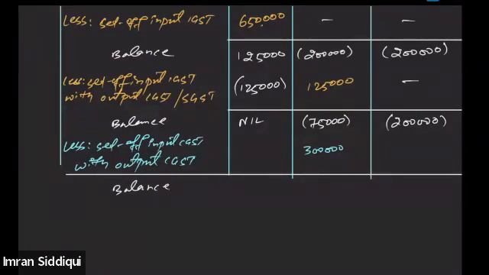The balance under input CGST over output CGST will be 2,25,000, and 75,000 minus 3 lakh gives 2,25,000.